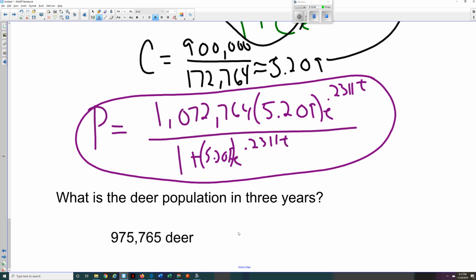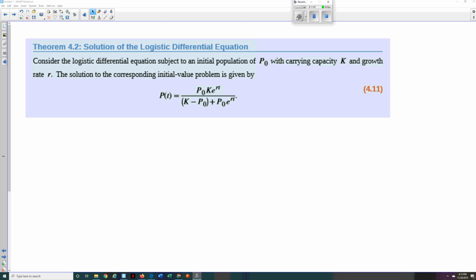So let's take a look at the general rule for this. From our textbook, the general rule for solving the logistic differential equation is that. And so you can see here with our deer population, the population is the 900,000 there times this, the K minus the initial population.